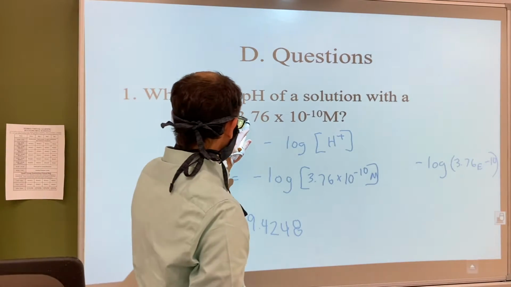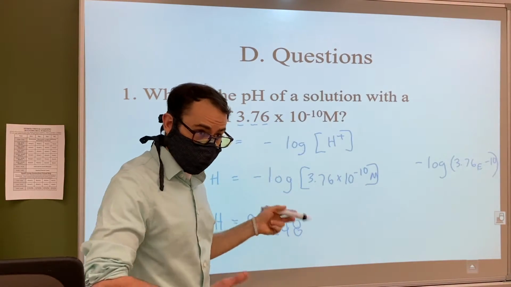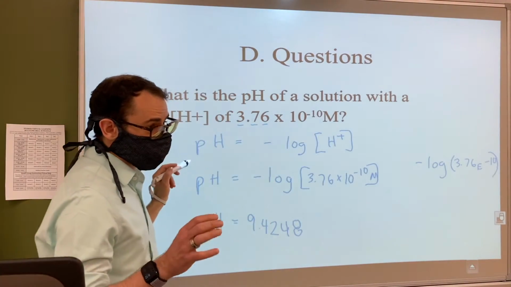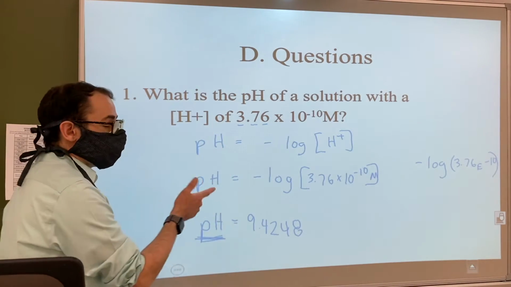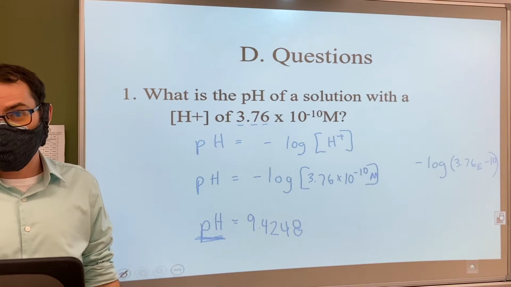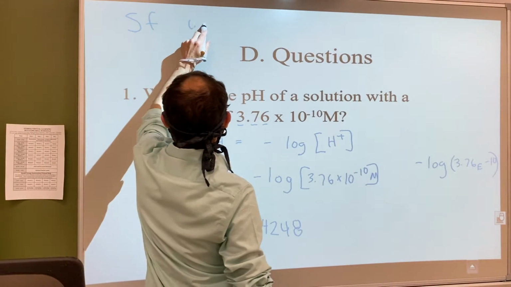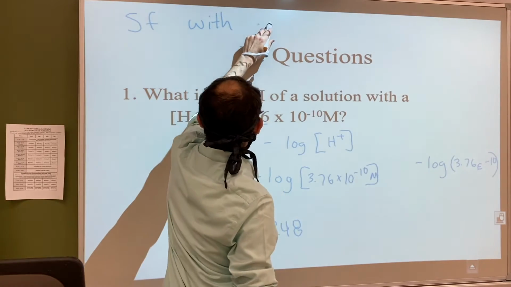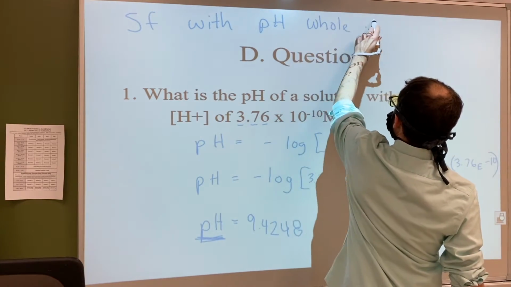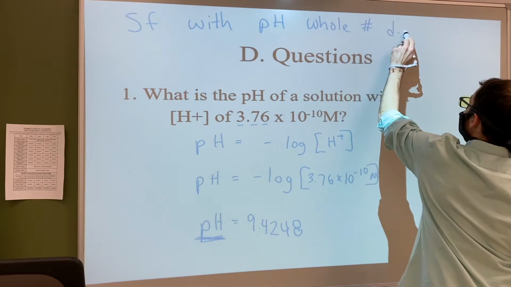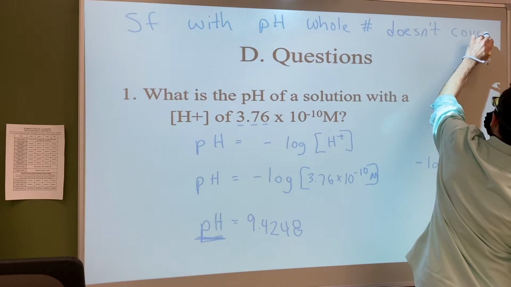Now, with sig figs, we would say that this has 3 sig figs, right? And everybody's cool with that. That's normal. All right, great. When you're doing pH, the whole number doesn't count. All right, so sig fig with pH, the whole number doesn't count.